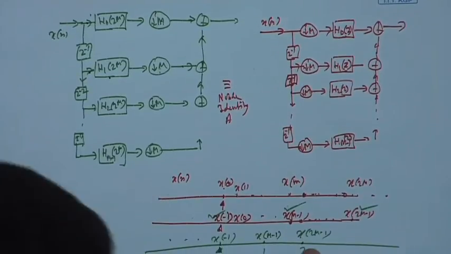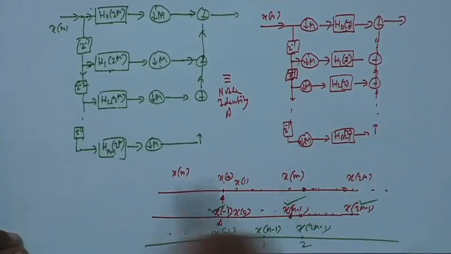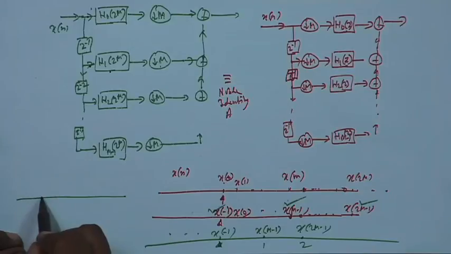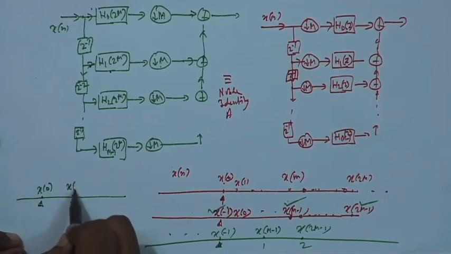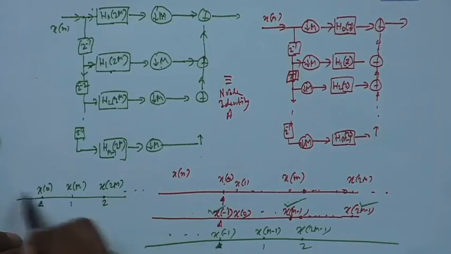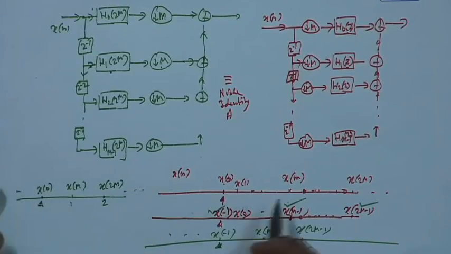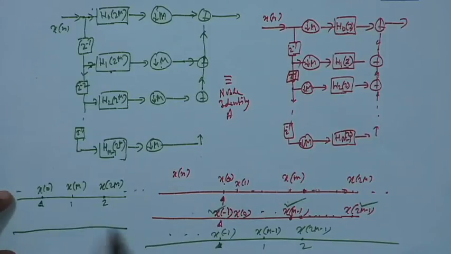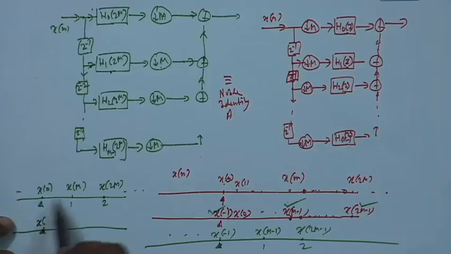But on the other hand, if you first decimate, you will get x 0, then number 1 point will be x m, then number 2 point will be x 2m, dot dot dot. If you first decimate and then delay, x minus m will come from the left side.